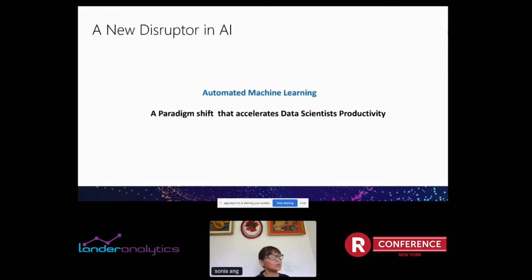It aims to automate the process of applying machine learning to real-world problems and, of course, the respective data sets that it uses. Now, by automating the selection and tuning of machine learning pipelines, it's needless to say that it will be able to accelerate data scientists' productivity no matter what level you are.